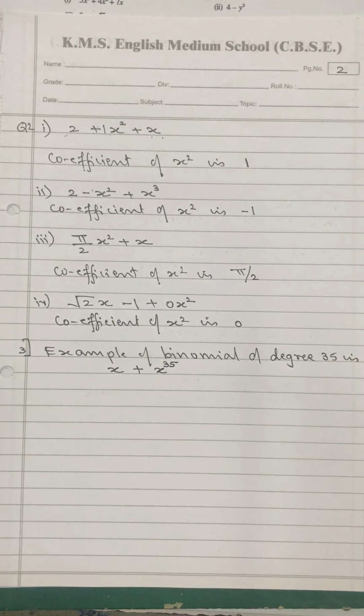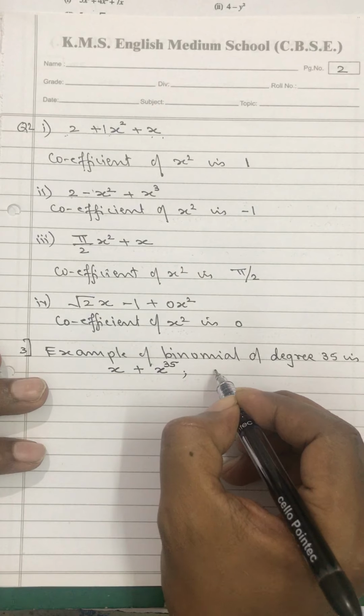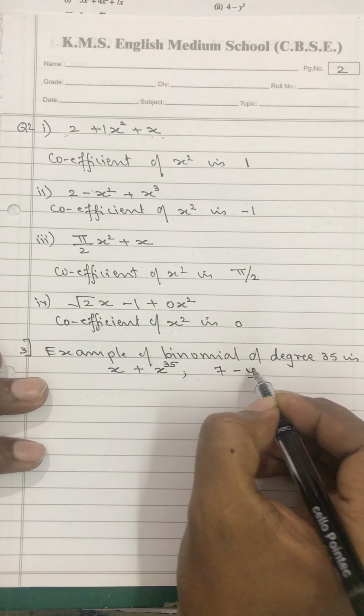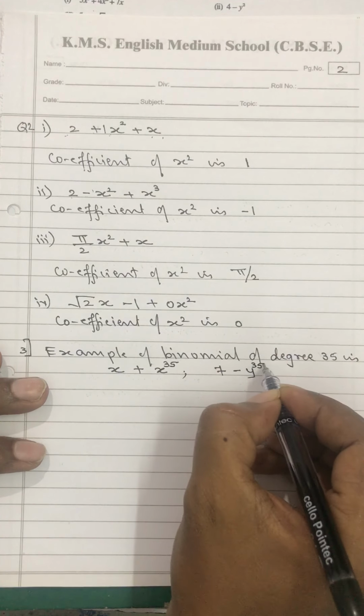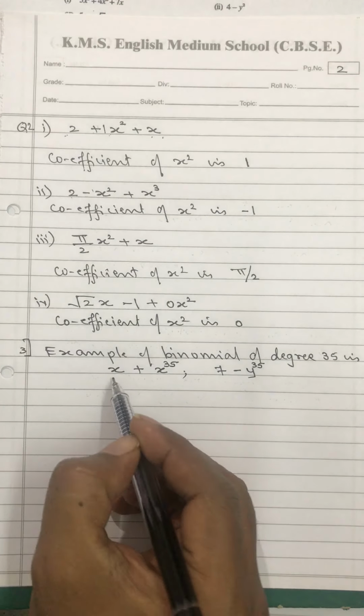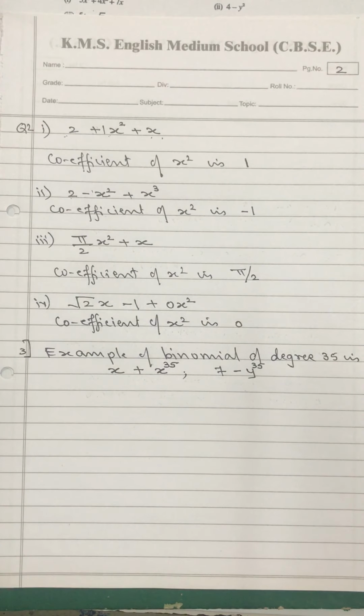There are multiple examples that you can write. You can consider not writing x at all. You can even write 7 minus y raised to the power of 35. Only one variable. You can write x in both the places, no problem.